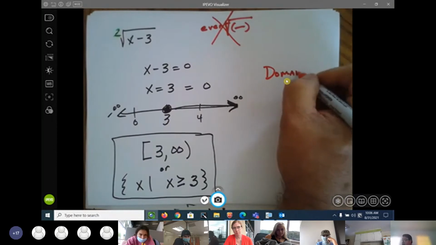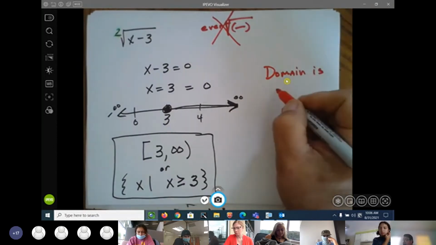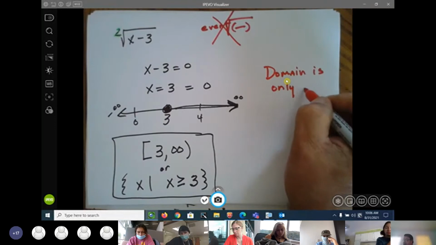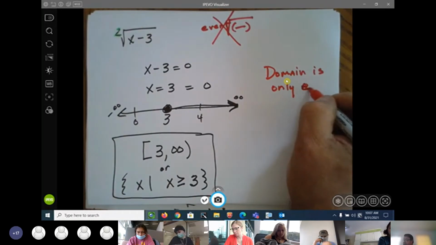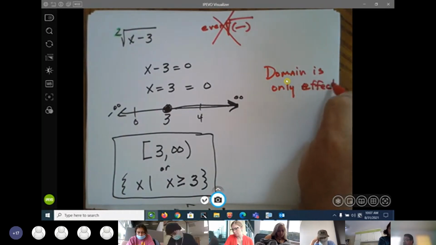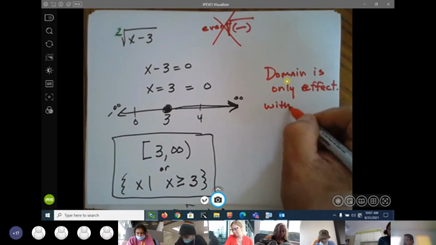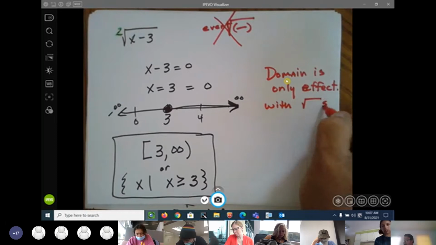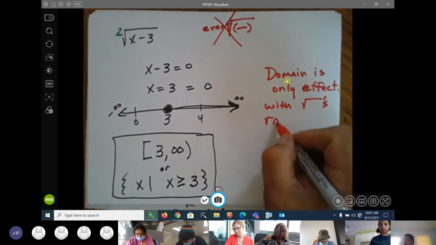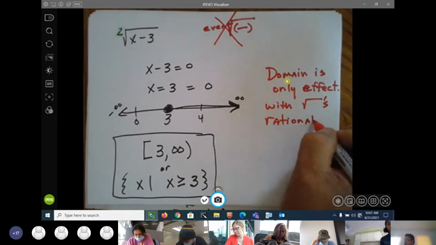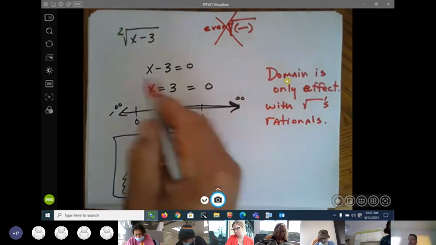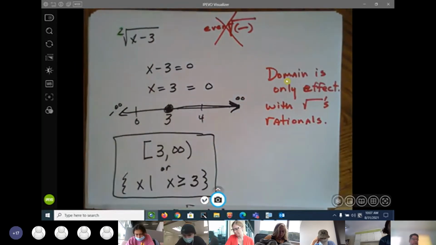Domain is only affected right now with radicals and rationals. So that's why I'm showing you these two. Most of the time, if you don't have a radical or rational, the domain is not affected, and it's all real numbers.